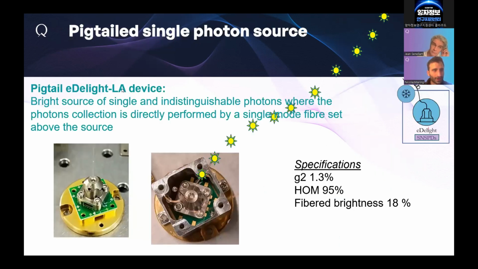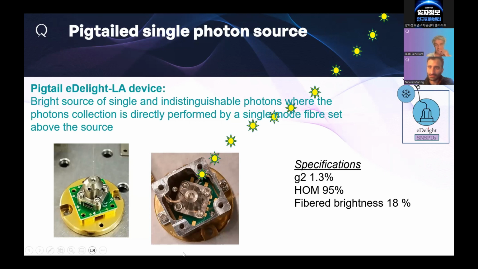One device that we use was also developed by Quandela. This is the single photon source, but with a very nice package where you have a fiber that is directly connected to the top of the optical cavity that I was showing before.